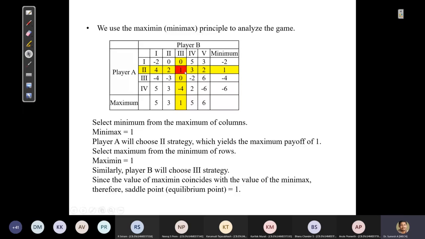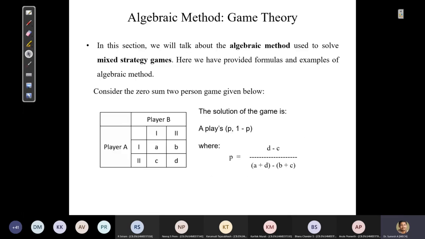What I have solved right now is the algebraic or arithmetic method used to solve mixed strategy games. In mixed strategy games, normally there will be no saddle point, so you cannot find the value of the game that way, and you find the solutions like this.